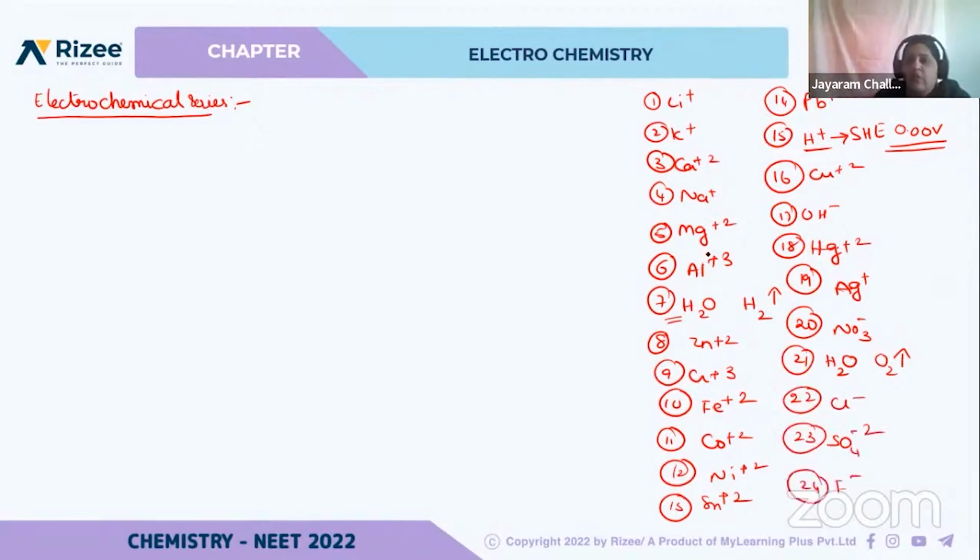This is our electrochemical series with the increasing order of SRPs. Based on this series, Li plus has the lowest SRP and F minus has the highest SRP. So based on this series, let's see a few questions. Na2SO4 aqueous solution.